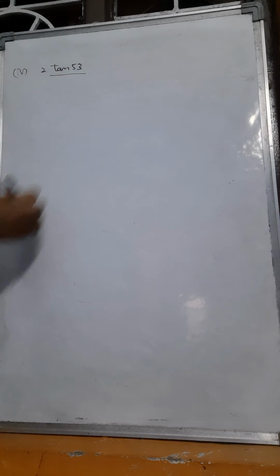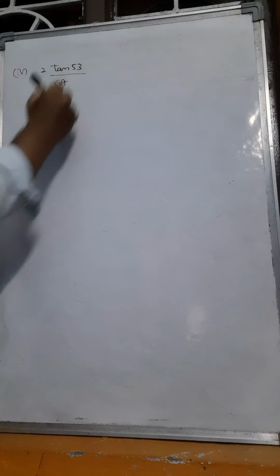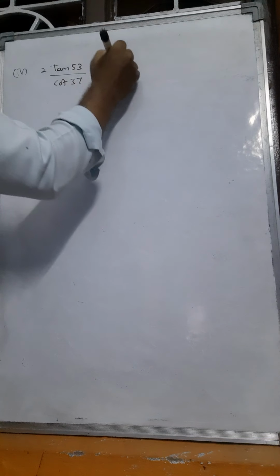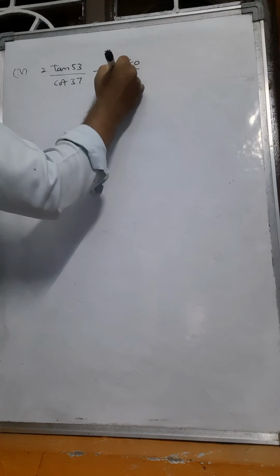Next, fourth one: 2 tan 53 by cot 37 minus cot 80 by tan 10.